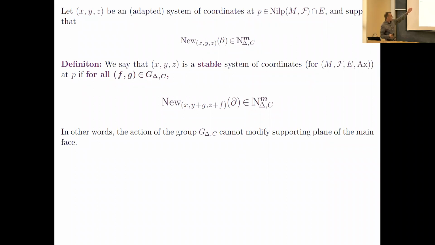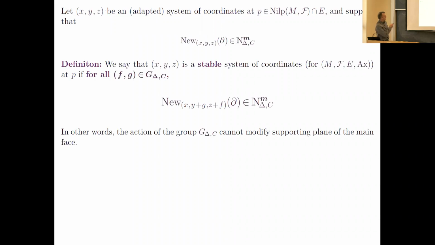Here we ask to preserve the supporting affine hyperplane of the main face. So in other words, you cannot make this face move by the action of this group. If this is the case, we say that we are in a stable situation, in a good coordinate system, which is stable. Okay. Later on, I'm going to show you that it's always possible to find such a stable system of coordinates, which is moreover analytic.